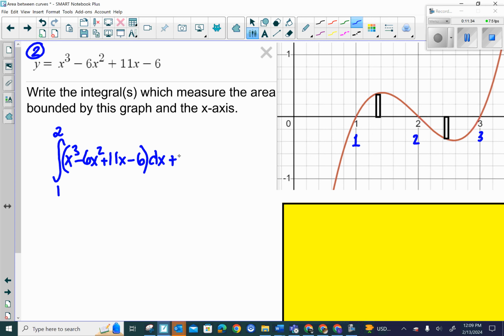Then I can add on to it the integral from 2 to 3 of 0, my upper function there, 0, minus x cubed minus 6x squared plus 11x minus 6 dx. Okay? So that will work just fine.